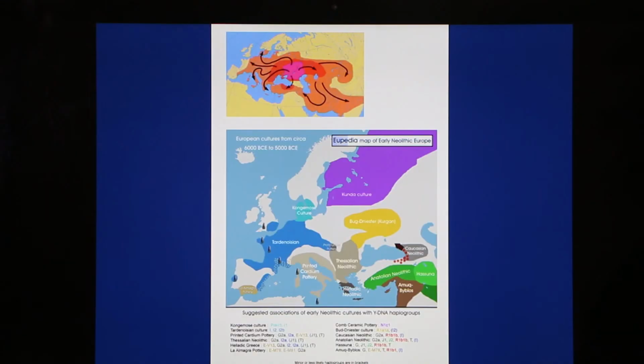So we have various people making stories that conflict and completely contradict each other. And so here is a picture of how everything started from this part of the world and then spread out all over the place. This is a Eupedia map of early Neolithic Europe.